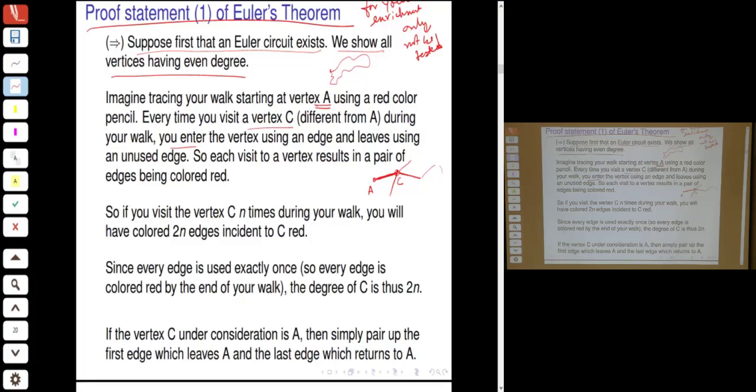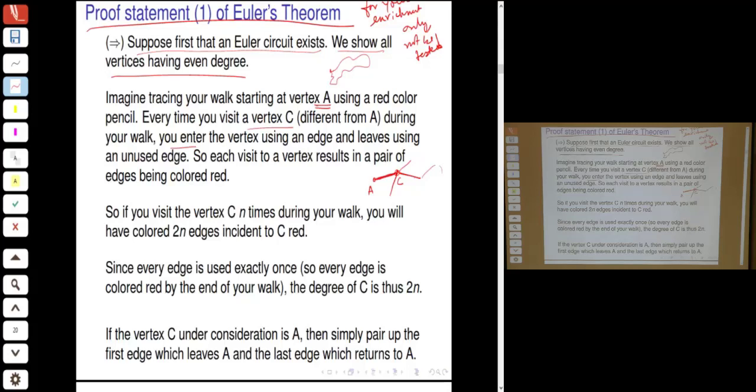So every time your Euler circuit visits the vertex C, you have a pair of new edges, one to enter and one to exit. For every visit to C, you have a fresh pair of edges, 2 edges every time, right?